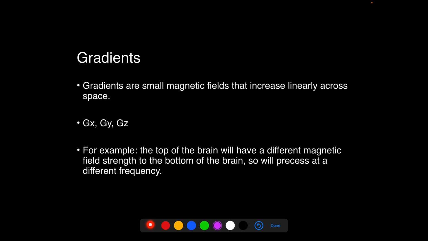To do this, we use something called gradients. Gradients are small magnetic fields that are added on top of the main field, and they increase linearly across space.